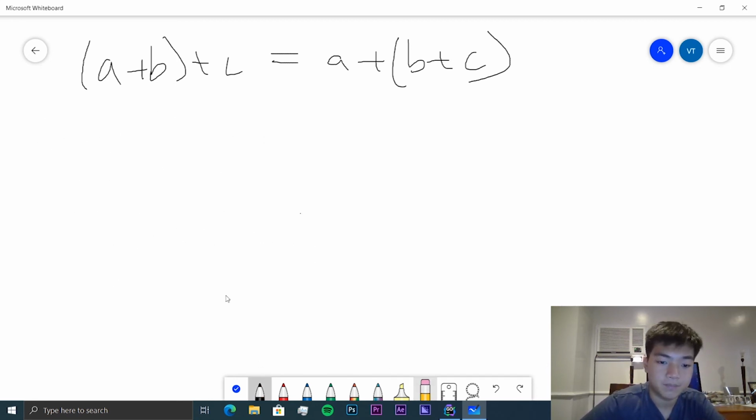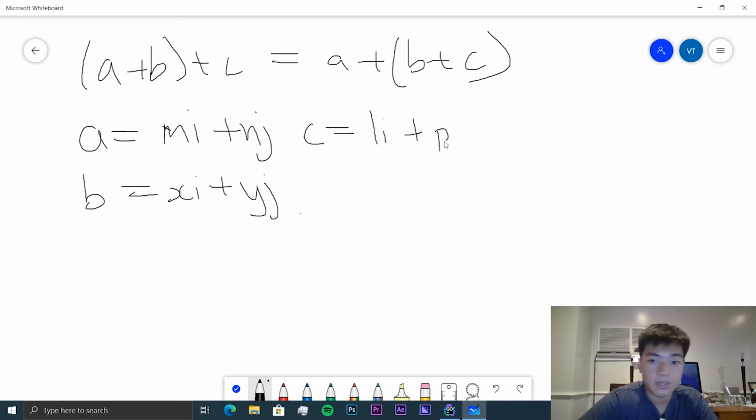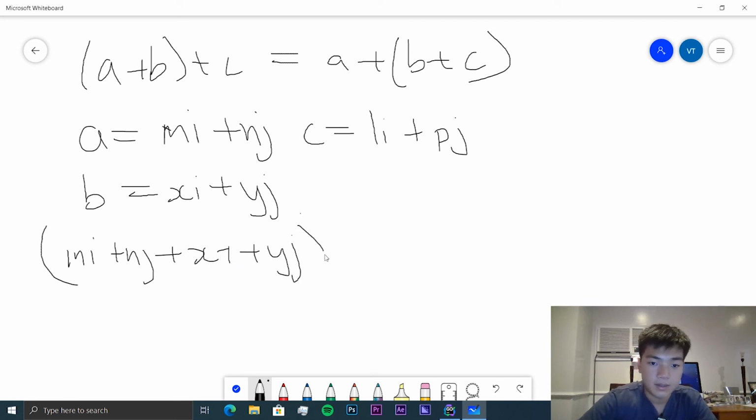So we have A is equal to Mi plus Nj, B is equal to Xi plus Yj, and C is equal to Li plus Pj. So what we have over here is (Mi plus Nj plus Xi plus Yj), all in brackets, plus Li plus Pj.